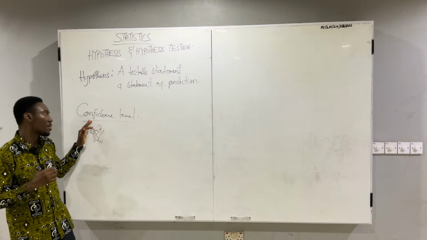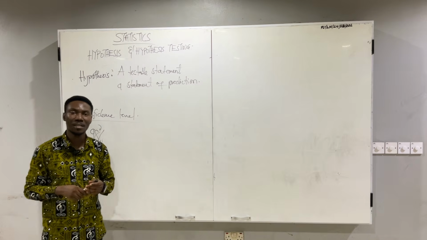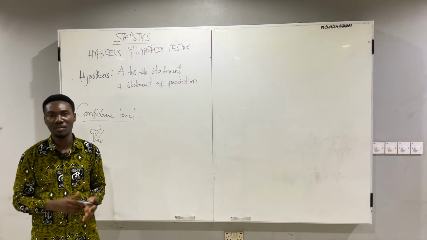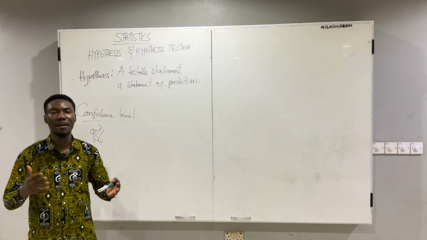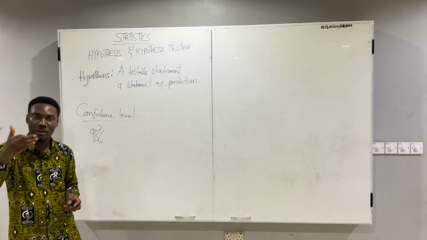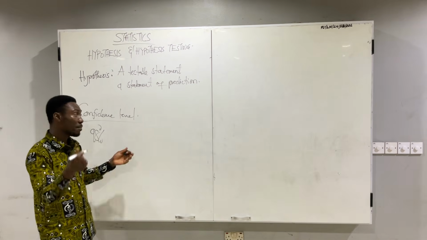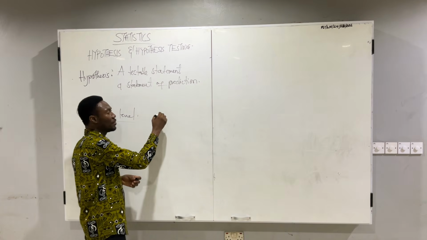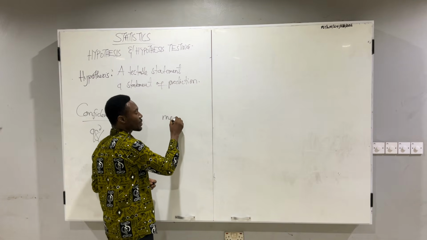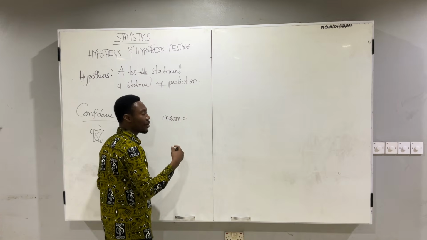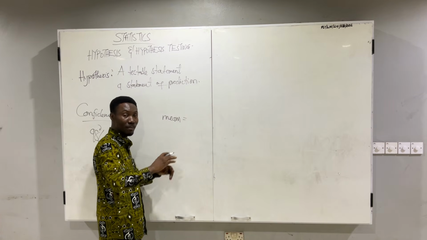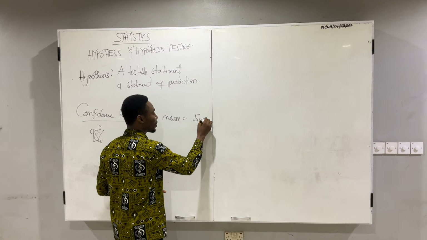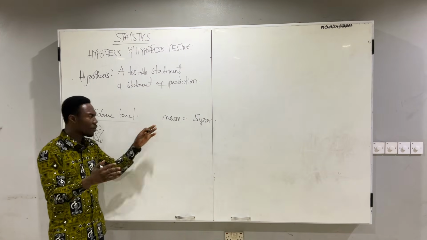Now in statistics, when we say confidence level, it is basically the measure of how accurate a statistical procedure is, or a statistical method is, or a statistical result is. So for example, if you are calculating mean age of patients on a pediatric ward, and you get an answer of 5 years, and I ask you, what is your confidence level?